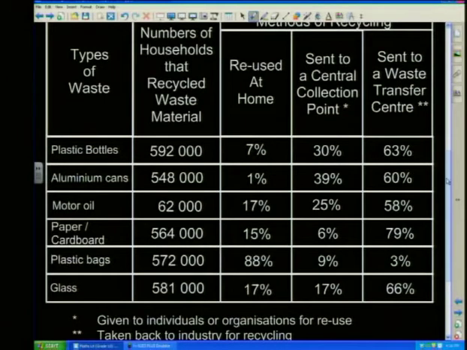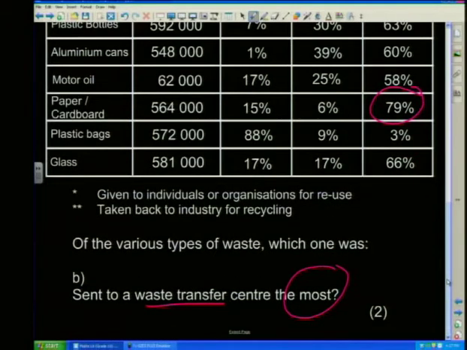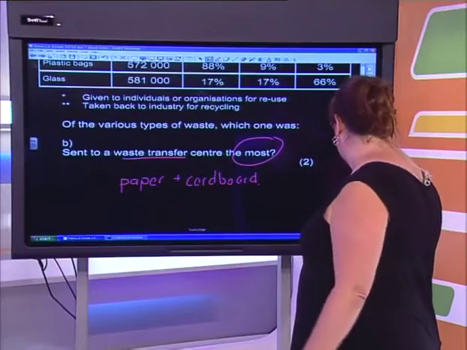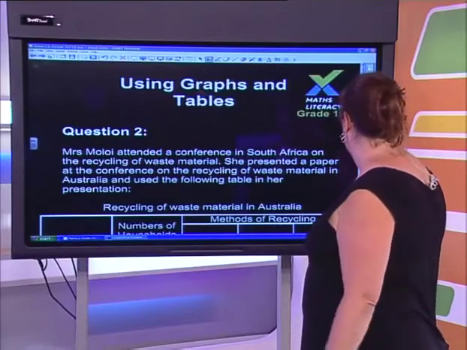That's that column, and I'm looking for the highest. And the highest is 79%. So clearly it is paper and cardboard. Okay, that's a little bit easier for me to write. Paper and cardboard. Let's see what the next part of our question says.